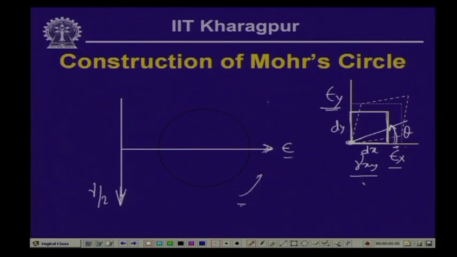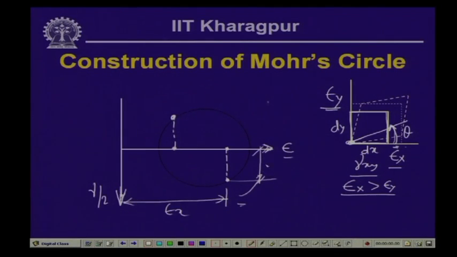Now, assuming that the normal strain epsilon x is greater than the normal strain epsilon y, and we know epsilon x, epsilon y and gamma xy, we choose a point, epsilon x and gamma by 2, which is a point on the Mohr's plane. Another point we get corresponds to the value of epsilon y and correspondingly gamma by 2. So, this distance is epsilon x and this is gamma xy by 2.